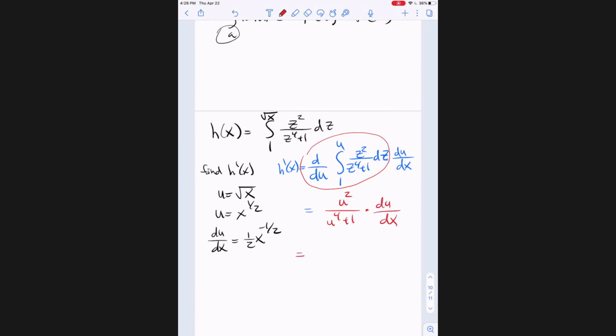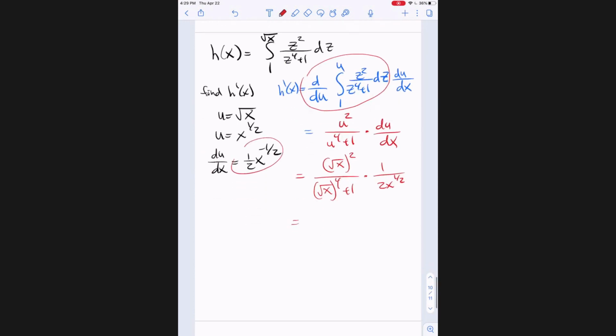Now substitute back what it is. u is square root of x. So square root of x squared over square root of x to the 4th power plus 1. What's du over dx? Well, it's 1 over 2x to the 1/2, right? Because I just rewrote it. So let's simplify this.